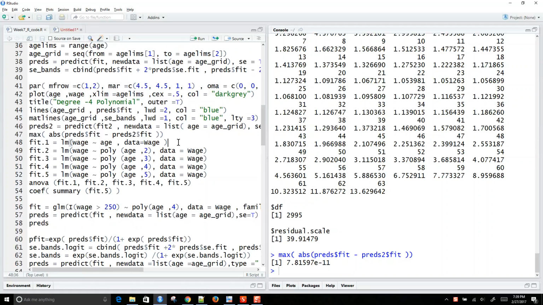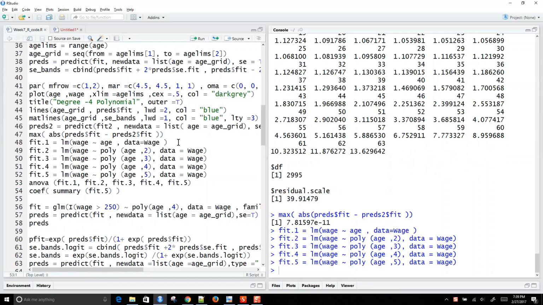All right, and then we run ANOVA between all of these fits and ask what the difference is.